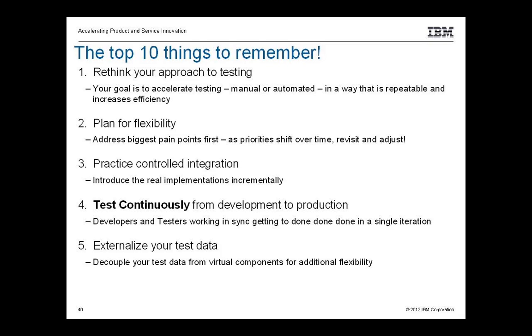And then they started to incrementally and in a controlled manner inject the real implementations and continuously run those performance tests. So when the SLA was negatively impacted, they knew which particular component was the bottleneck, and they were able to identify that defect, isolate it, and fix it quickly.